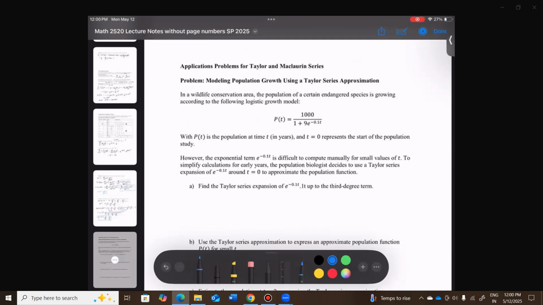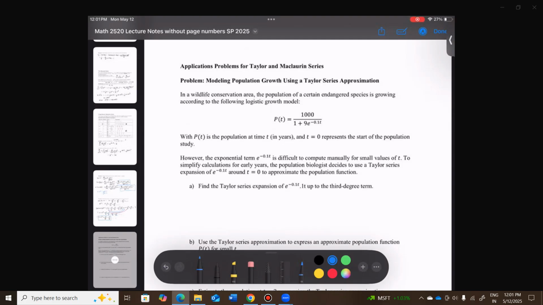Alright, so application problems now for Taylor-Maclaurin series. First one, in a wildlife conservation area, the population of a certain endangered species is growing according to the following function. P of t is the population, t in years, t equals 0 represents the start of the population study.